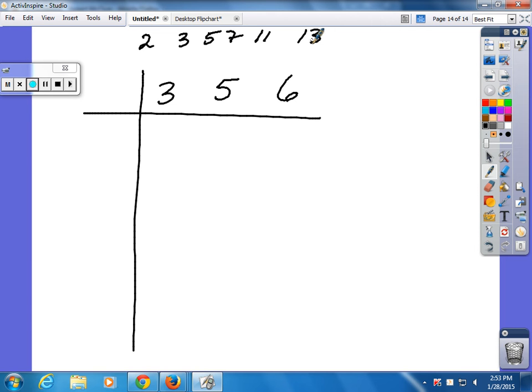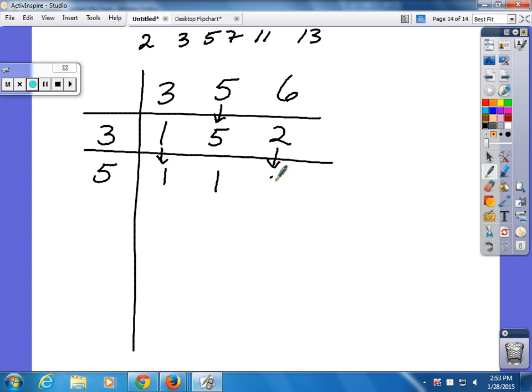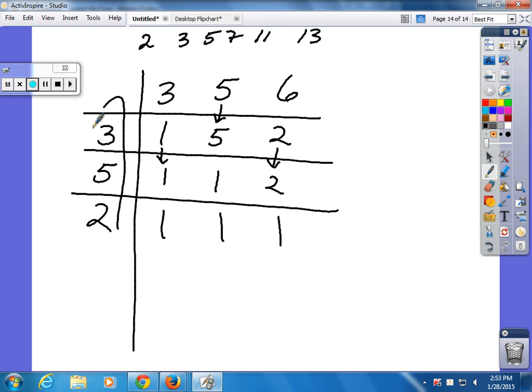So, 3, give me a 1, that comes down, and a 2. 5, that comes down, 1, that comes down, and 2, 1, 1, 1. So what is it? 30. 30 is your common denominator.